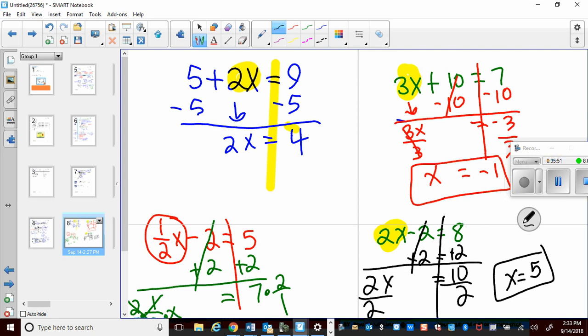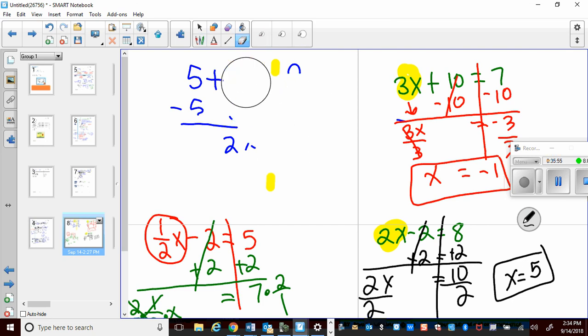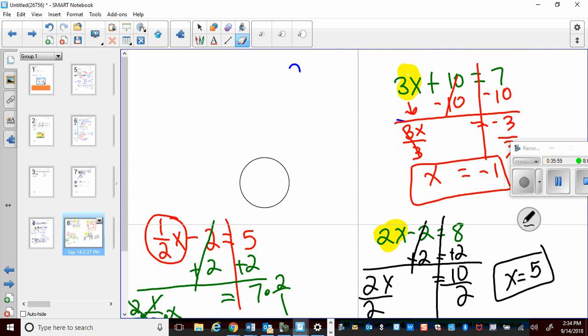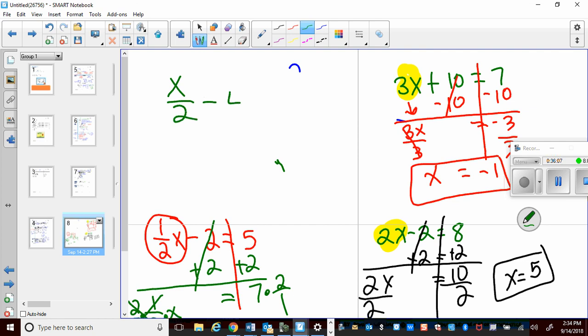I want to do the one below that as well. It's x over 2, or half of x, minus 4 equals 8. We're just doing the first set of problems on the column.